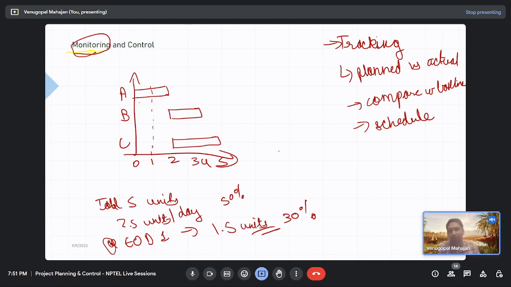See, right now if I plot 30%, it would be like this only, a smaller bar. This would be 30% if this is 100%. Yes, sir. But is this the right way to show it? I mean, this would show it up to what, 0.7 days. But you are talking about EOD 1.